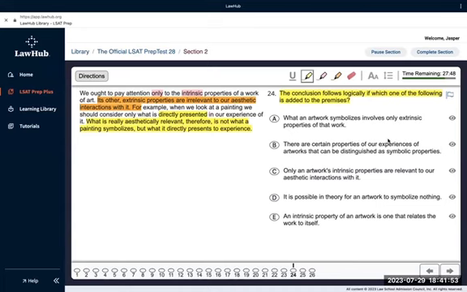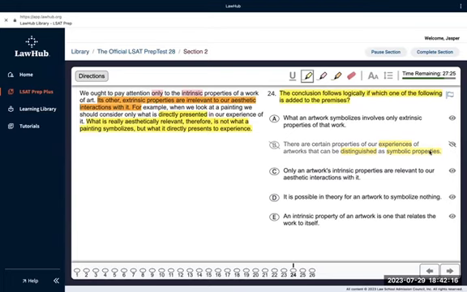Here, this would confuse the issue further. This would actually weaken the argument, because it's saying that our experience of an artwork and the symbolic properties are not mutually exclusive. So I would eliminate B.